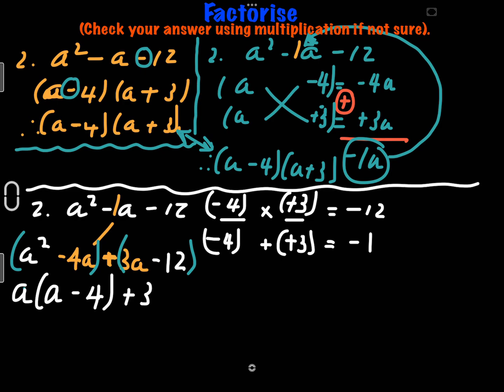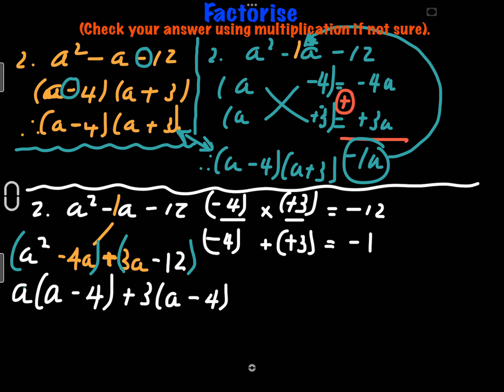So go ahead and write 3 as a factor. Remember, by distribution, we should be able to get 3a if you multiply or distribute this into the factor. 3 multiplied by a should give us 3a. And then positive 3 multiplied by negative 4 should give us negative 12.